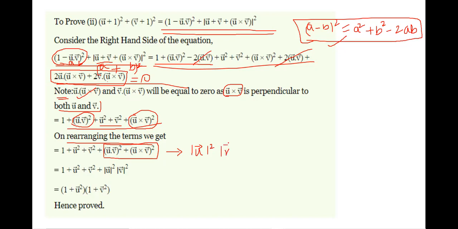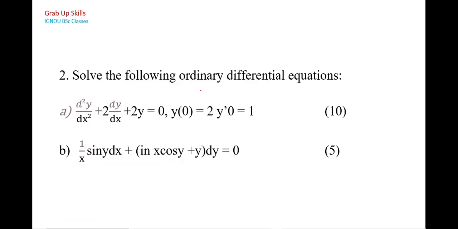This is a formula that again we need to remember. Depending on this formula, we have written this value here. Now the magnitude of this will be equal to 1, so we will be left with 1 plus u square into 1 plus v vector square. Hence we have proved that the RHS is equal to the LHS. This is how we have solved this problem.